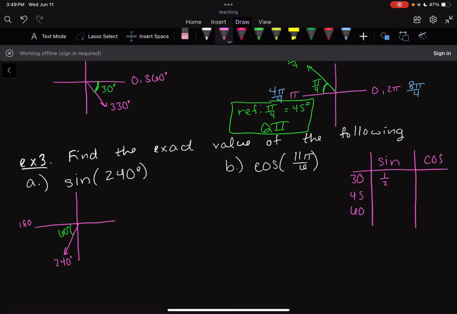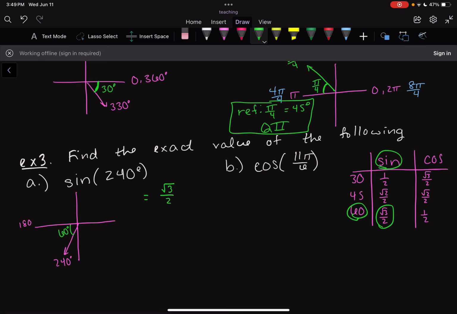This is 1 over 2, root 2 over 2, root 3 over 2. This is root 3 over 2, root 2 over 2, 1 over 2. So if I'm looking at sine 60, square root 3 over 2 is my answer. So this would equal square root 3 over 2.